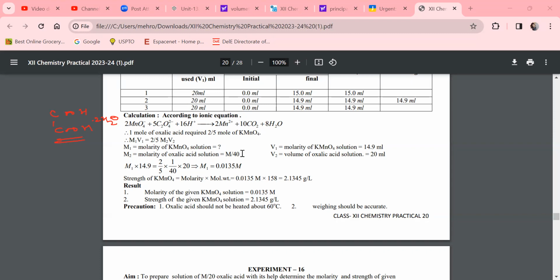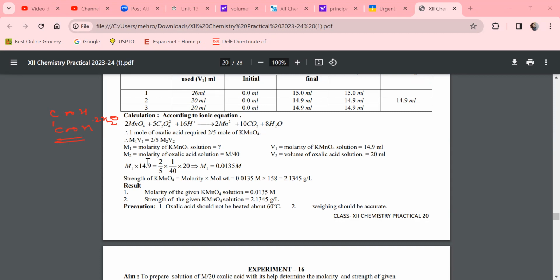Now the molarity of oxalic acid will be given. It will be the objective when you write it down. You know what molarity is given in your experiment. For example, it is M by 40. It is the reading of the volume of the burette, that is KMnO4, and the volume of oxalic acid that you have pipetted out, that is 20 or 25 ml.